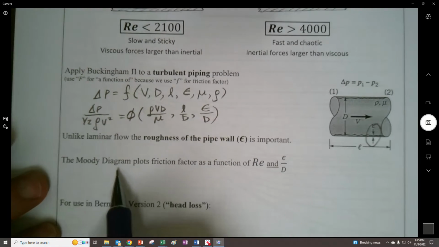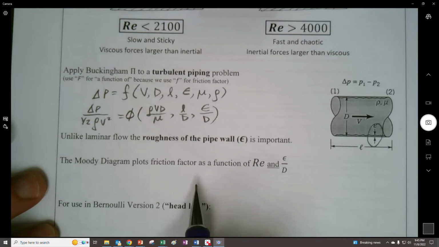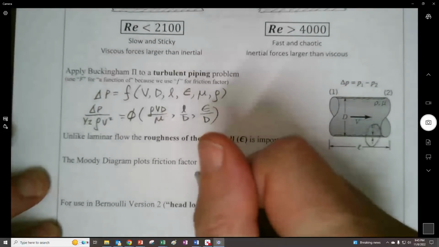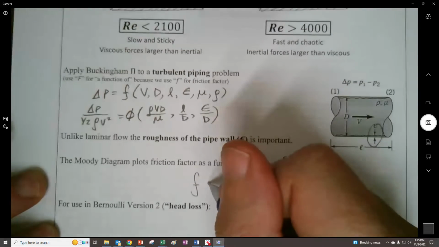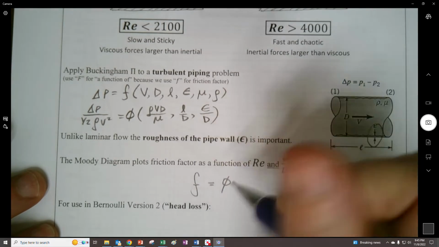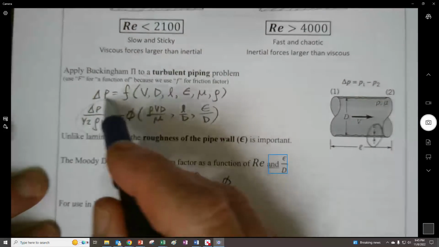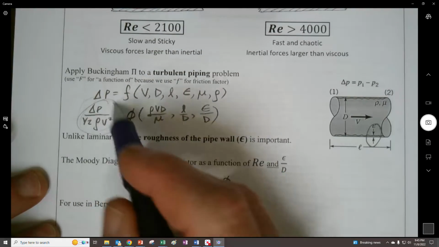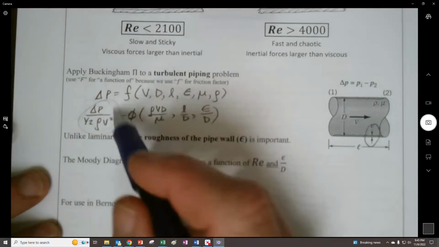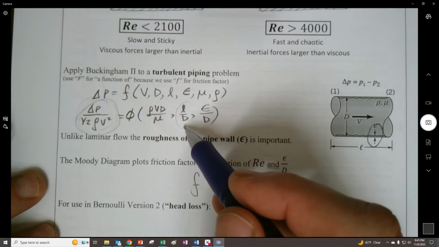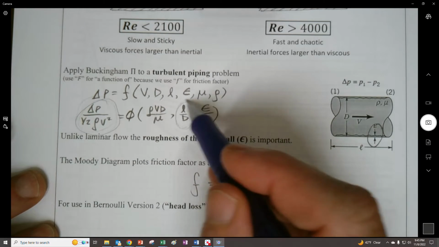So we end up getting a Moody diagram, and we create something called f, the Darcy friction factor. That's a combination of the Euler number, a non-dimensional number, and this other term right here.